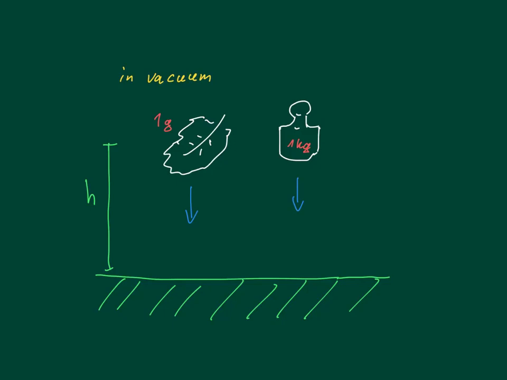Hello everybody. Recently I was asked whether it's true that every object has the same falling time. So not taking into account the air drag, let's assume we are in a vacuum and we let an object fall from a certain height h, and what is said is that it's really independent of the mass.